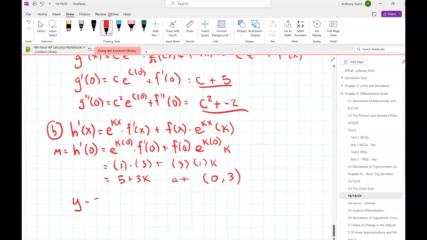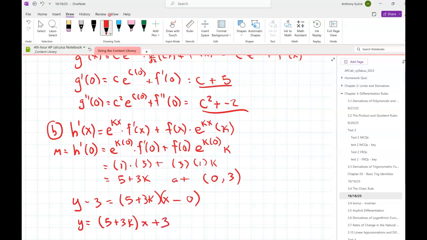So I have y minus y1 equals m times x minus x1, or just y equals (5 plus 3k)x plus 3. There's my equation for my tangent line. Does that feel okay?